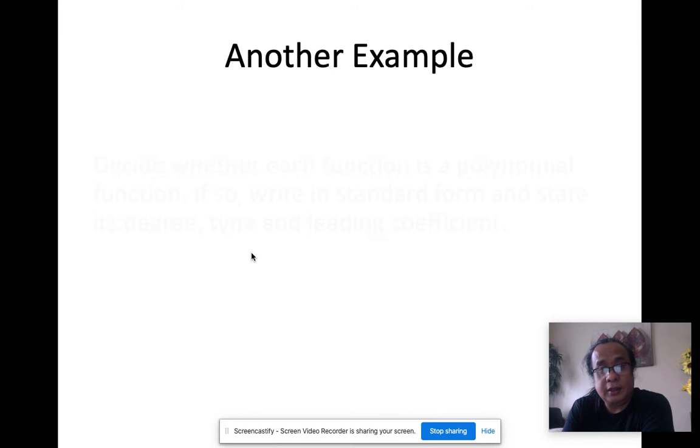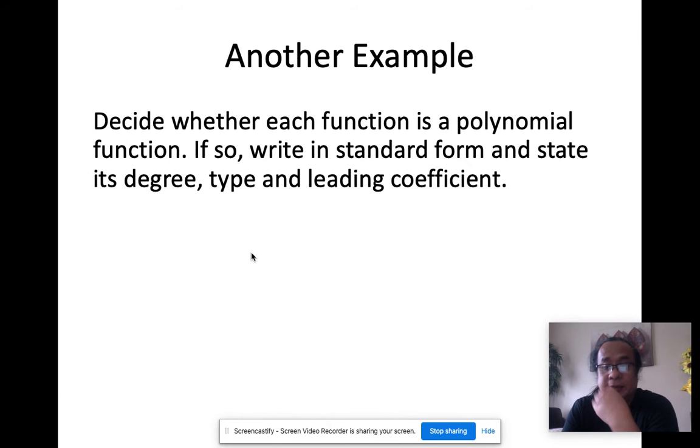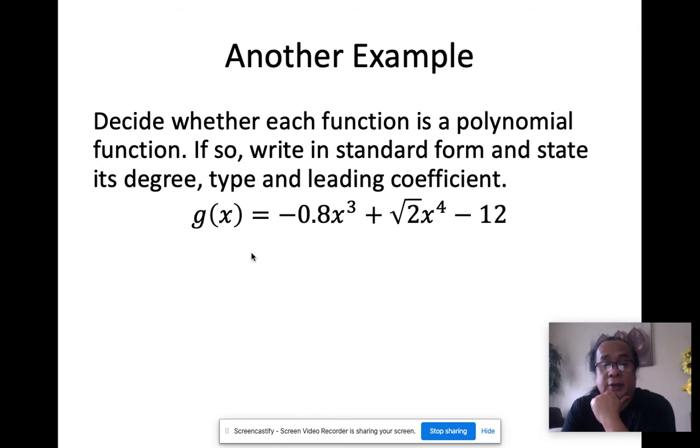Let's have another example. We have g of x equals negative 0.8x to the third plus square root of 2 x to the fourth minus 12. This is also a polynomial function. However, the powers are not arranged in decreasing order, so I have to put it in standard form.